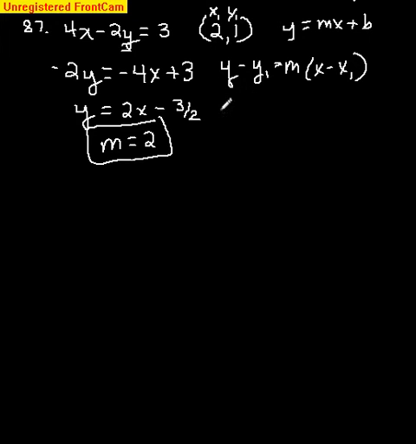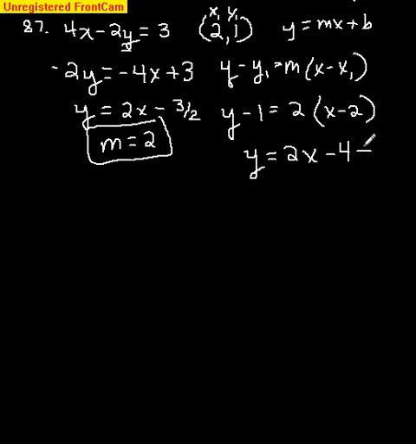So we get y minus 1 equals 2 times x minus 2. Then all we have to do is put it in y equals mx plus b form: 2x minus 4 plus 1. And so you get y equals 2x minus 3. That one is your parallel.